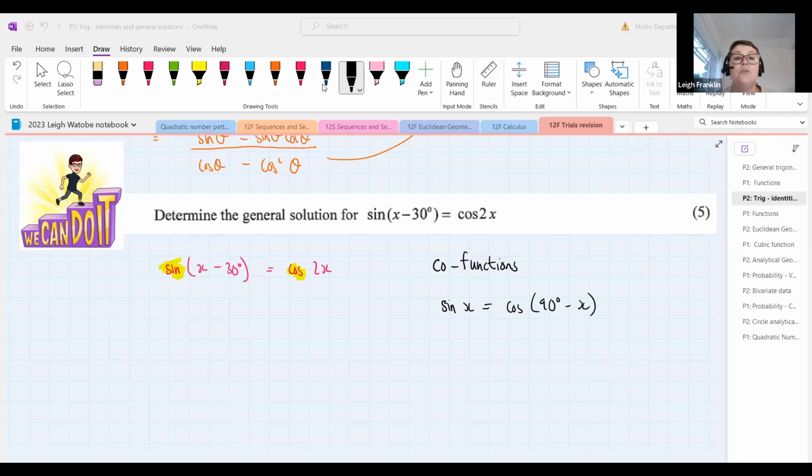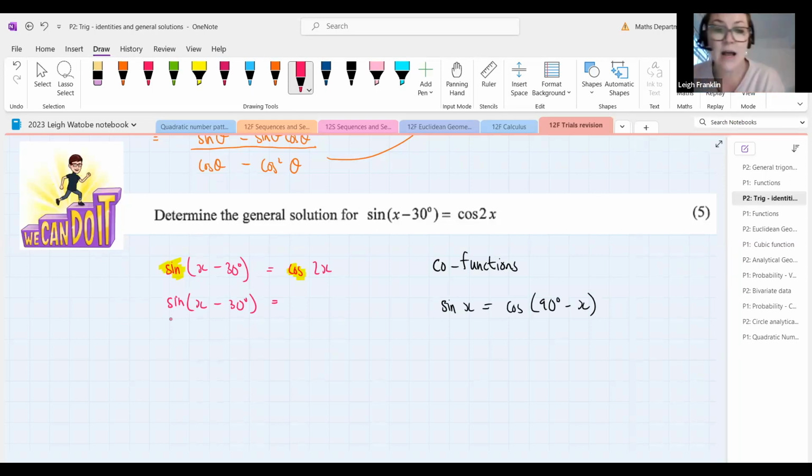All right. So the best thing for you to do here is to use co-functions. So we will do as follows. We're going to leave it as sine x minus 30 on this side.